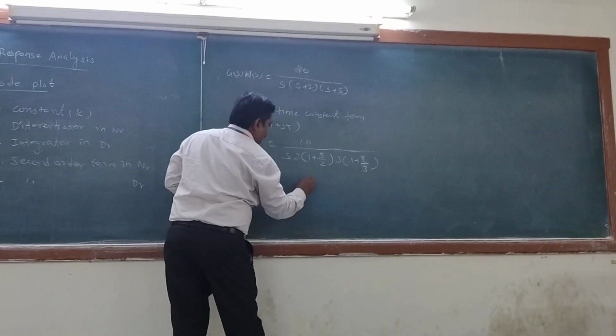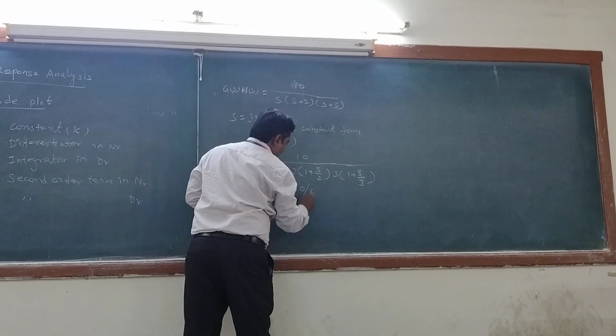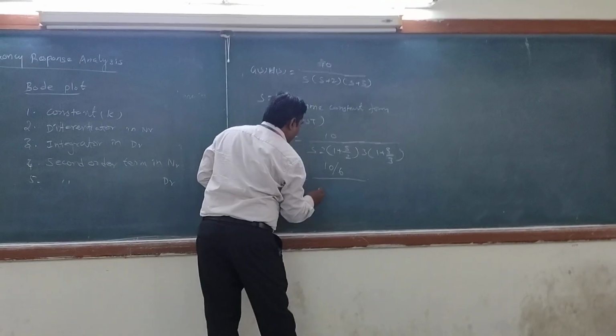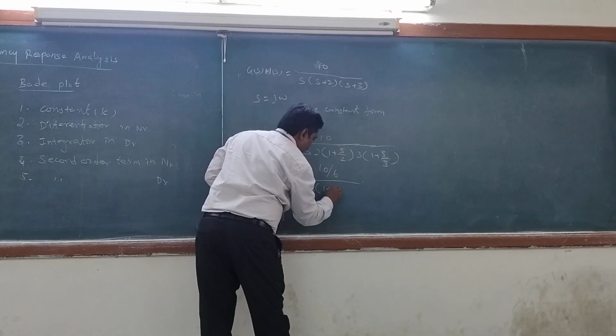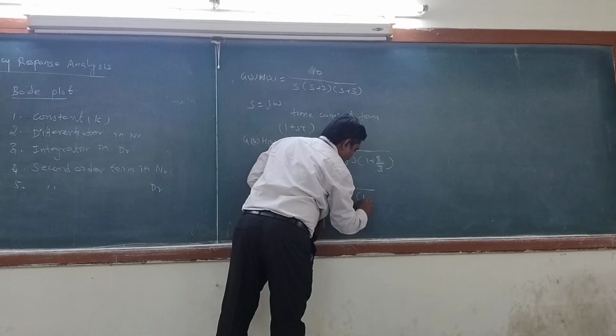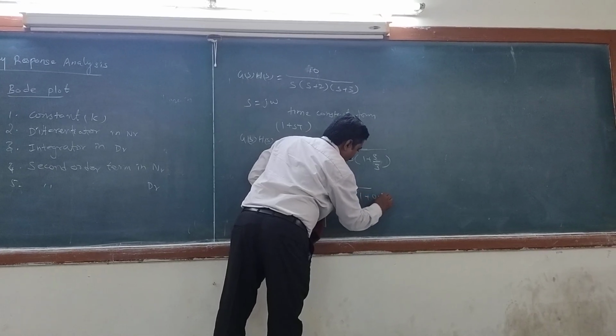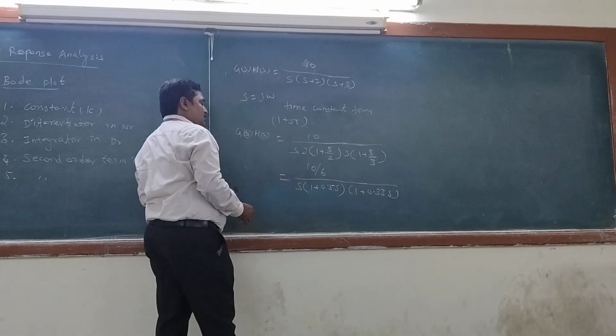Okay. So 2 into 3 is 6. So 10 by 6 comes out of the denominator. So s into (1 plus 1 by 2, that is 0.5 s). Similarly, 1 by 3 is 0.33, so 1 plus 0.33 s. Okay.